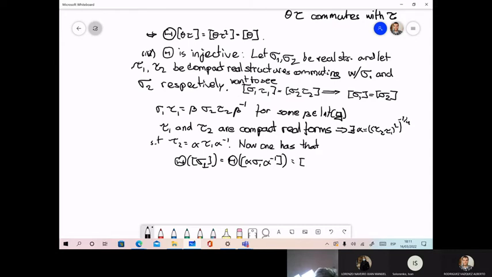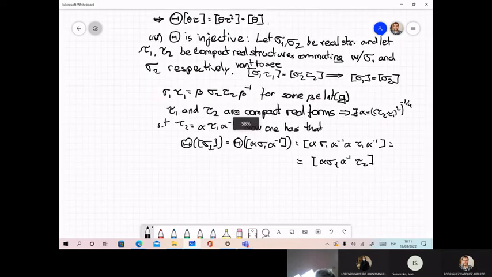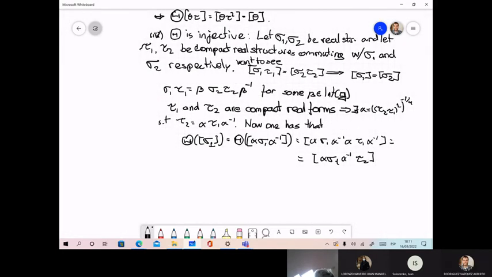And this is just alpha sigma 1 alpha minus 1 tau 2, right? Because tau 2 must commute with alpha sigma 1 alpha minus 1.